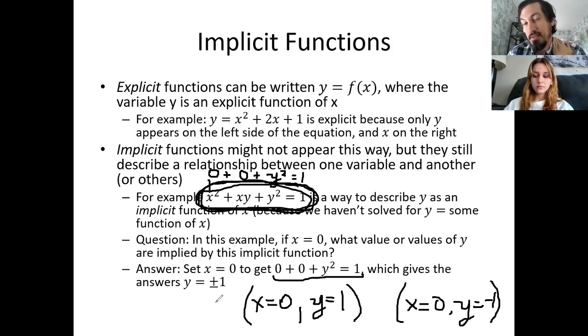That is not the case. So we're going to hopefully start to see when we can take this implicit function and think of it as an explicit function, at least in a neighborhood. When is that possible, and what are the consequences of that?